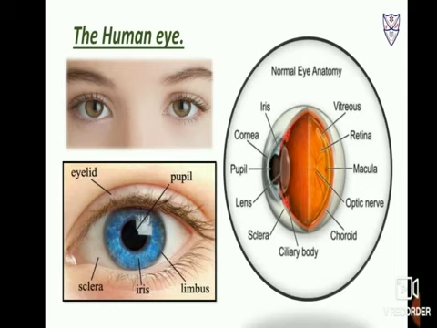Last is optic nerve. The optic nerve is about 1 million separate nerve fibers that connect the rods and cones of the retina to the brain. What is the function of the optic nerve? It is to carry the optical messages in the form of electric signals to the brain.